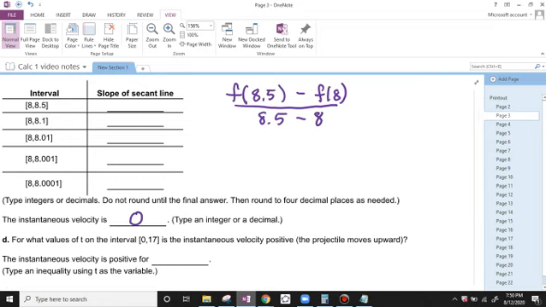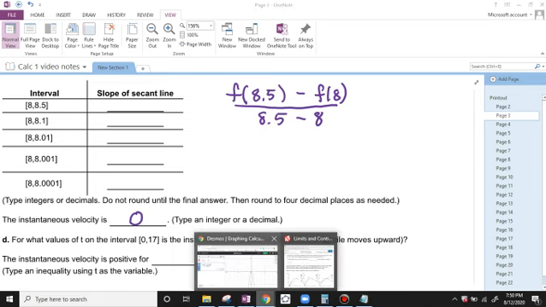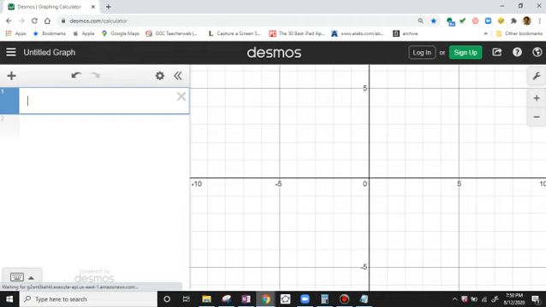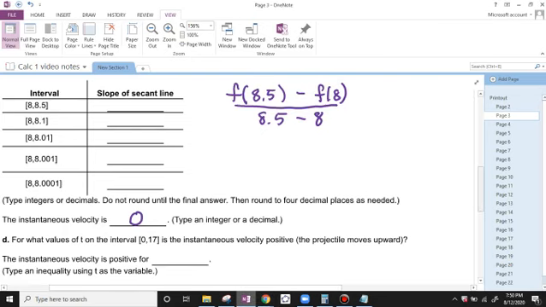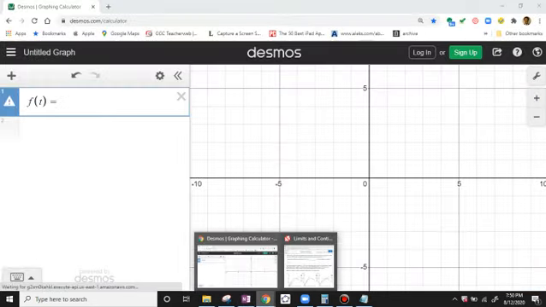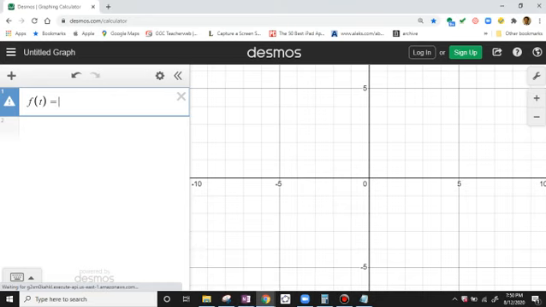So again, I'll go back to Desmos and put this function in. I get rid of this f and this f, and now we'll put in f of t equals negative 16t squared plus 256t plus 272.